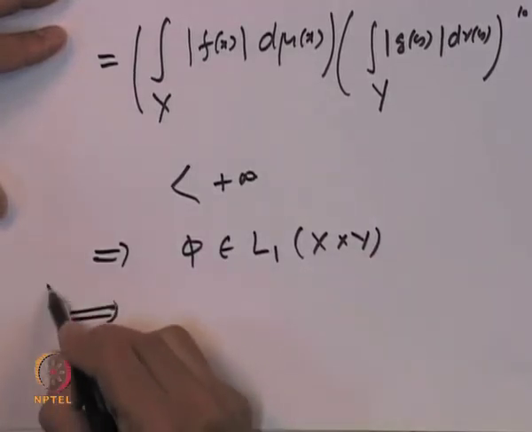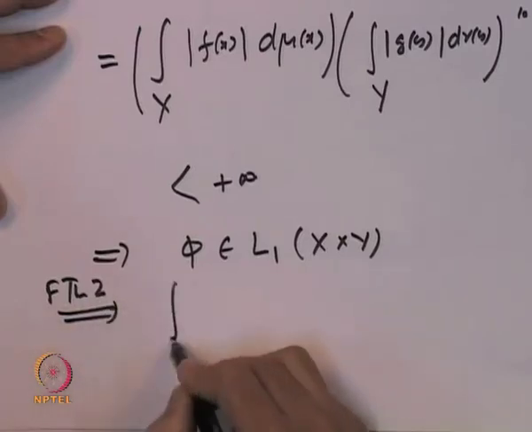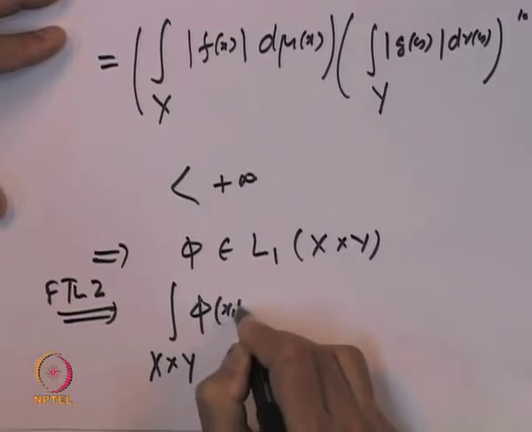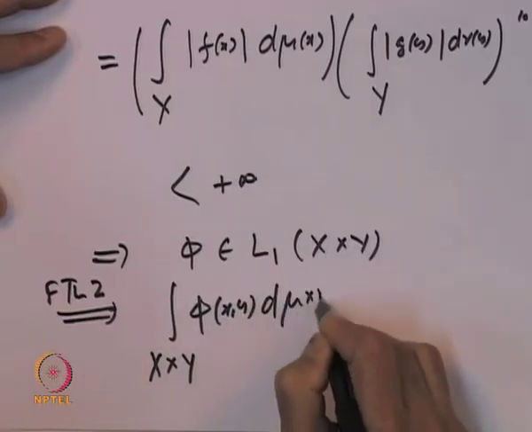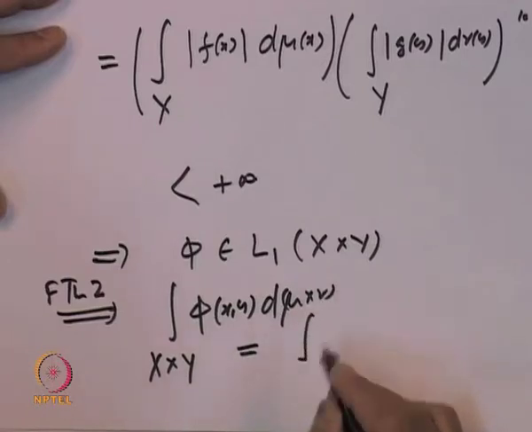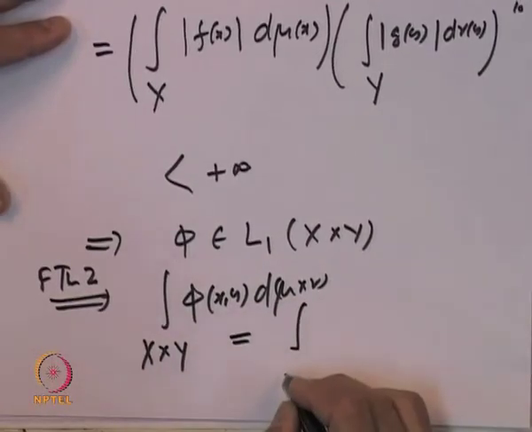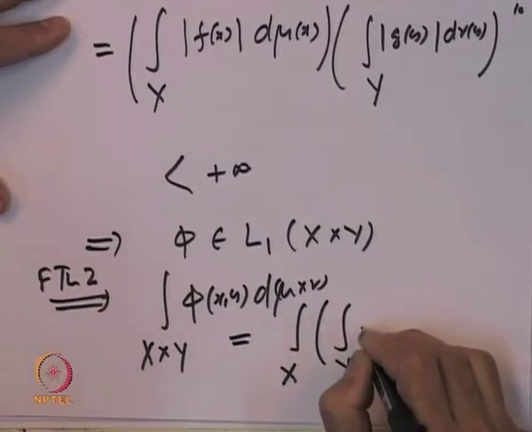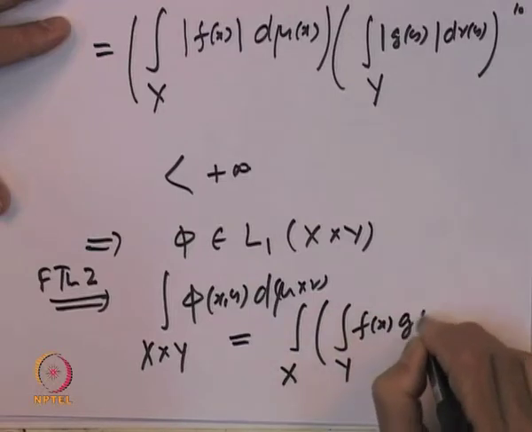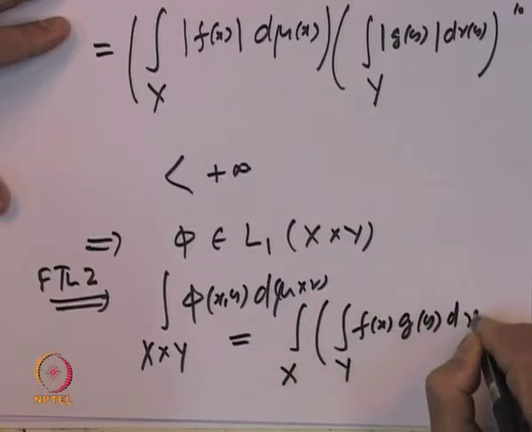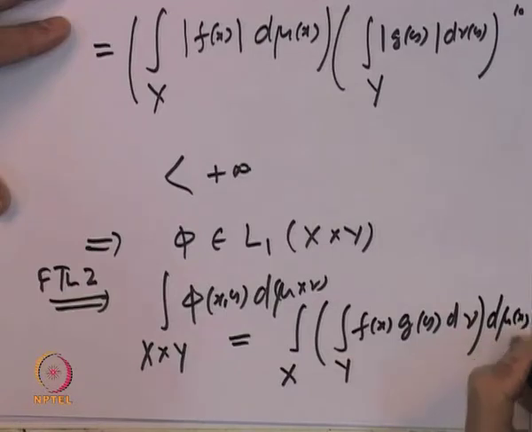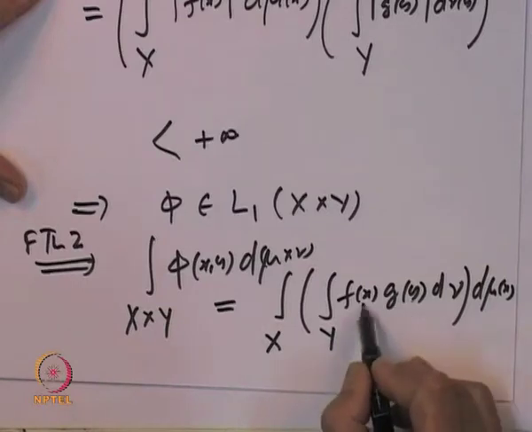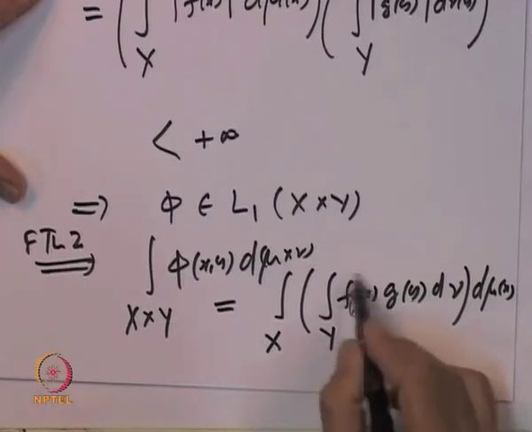So, by Fubini's theorem 2, the integral over x cross y of phi x y d mu cross nu is equal to the iterated integral, either one we can write. So, let us write it over x, integral over y of phi x y, that is f x g y d nu y and d mu x. And as we have just observed, f x is independent of y, so you can take it out.